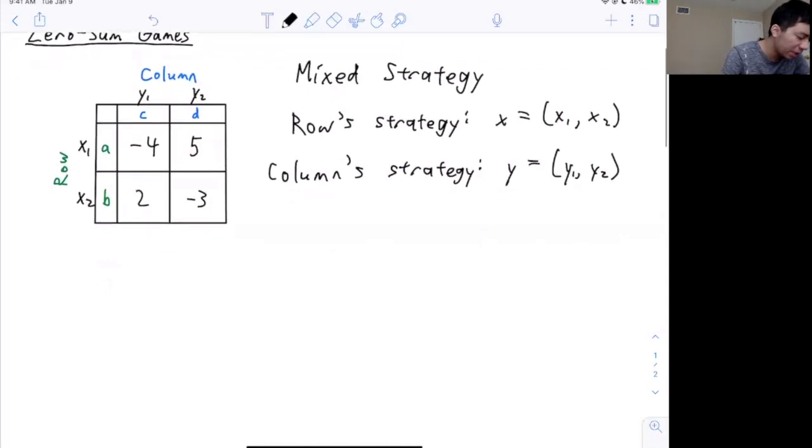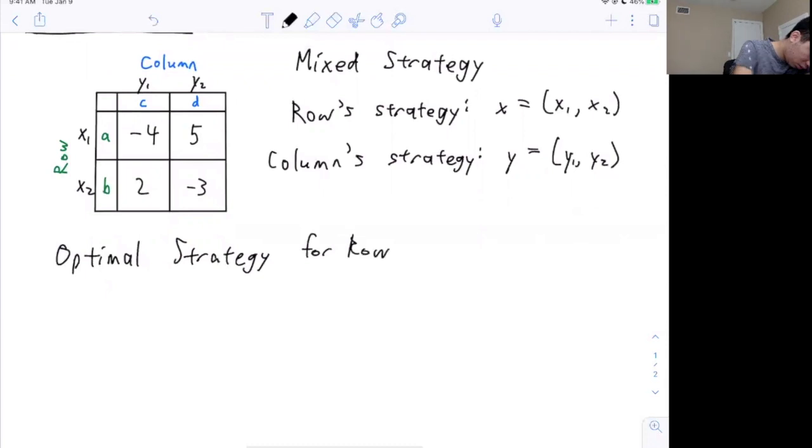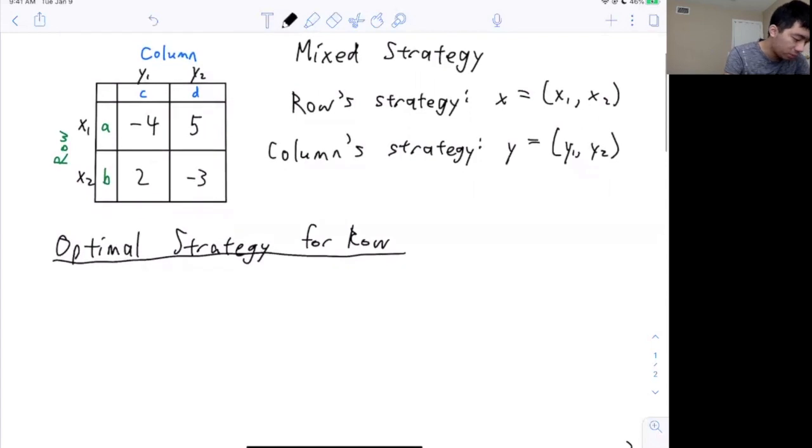So what's the optimal strategy for row? Well, we're going to want to choose a strategy such that even if you were to reveal your strategy to the column player, who can choose one of the two actions, you still want to maximize your score.